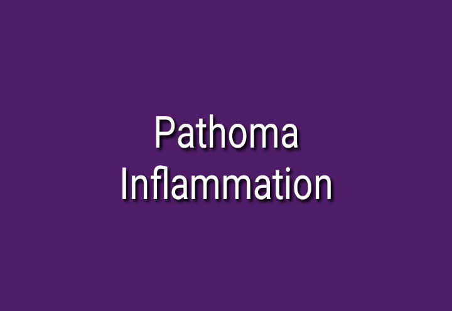And the final cardinal sign of acute inflammation is fever. And fever, the mechanism is very important to know. Examiners love to go after this. So the way by which fever occurs is that the macrophages, and that's important, the macrophages release IL-1 and TNF, and IL-1 and TNF basically get into the bloodstream.